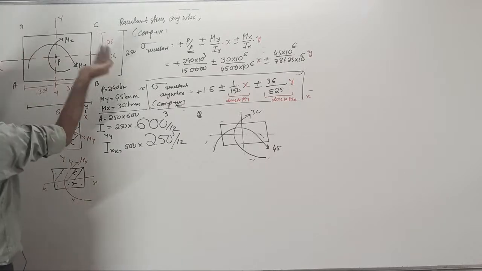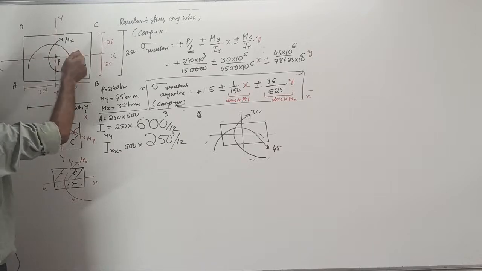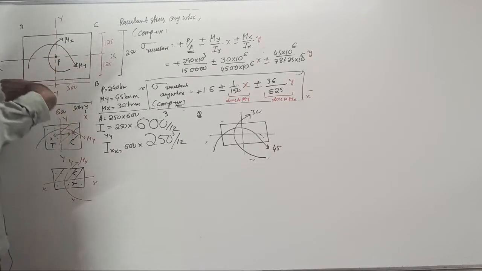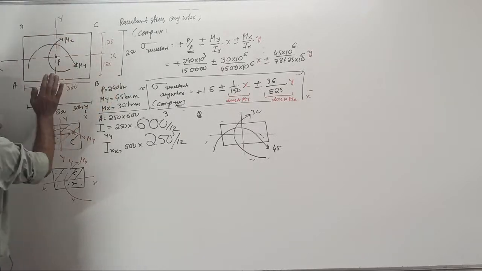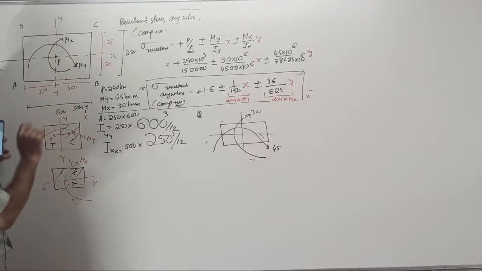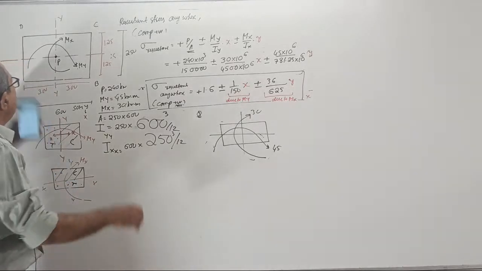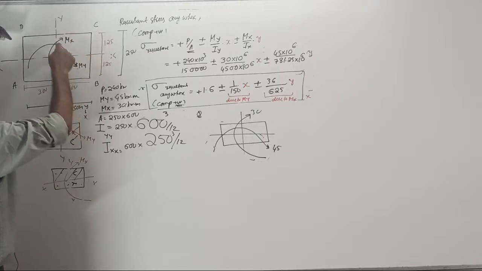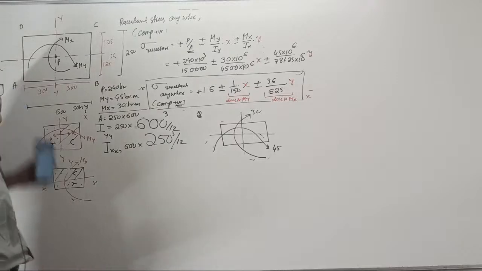Same way, for 2 points here, when you take My, the x distance will come, y will not. For these 2 points, x is 0 and y is there.